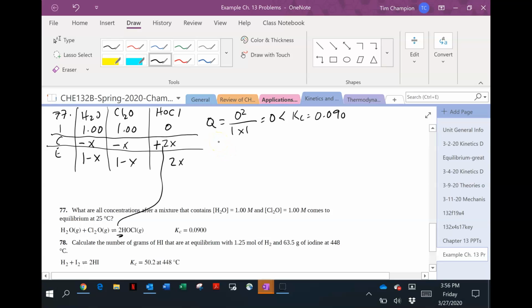We're told that Kc is 0.0900 is equal to, so I'm going to put the values in, 2x squared over 1 minus x squared, and what those are representing, of course, is HOCl concentration squared, and then the H2O concentration times the Cl2O concentration.